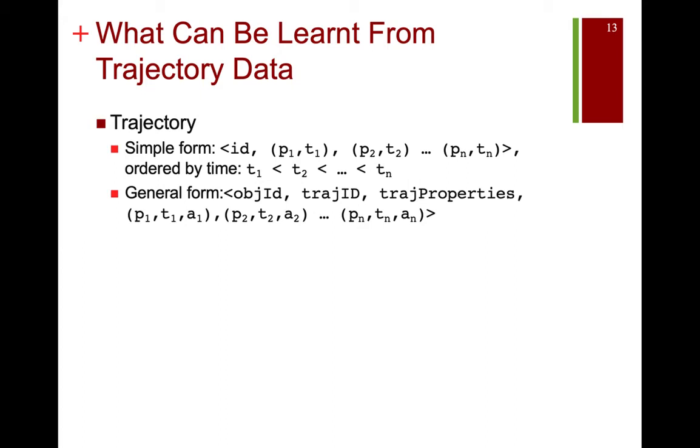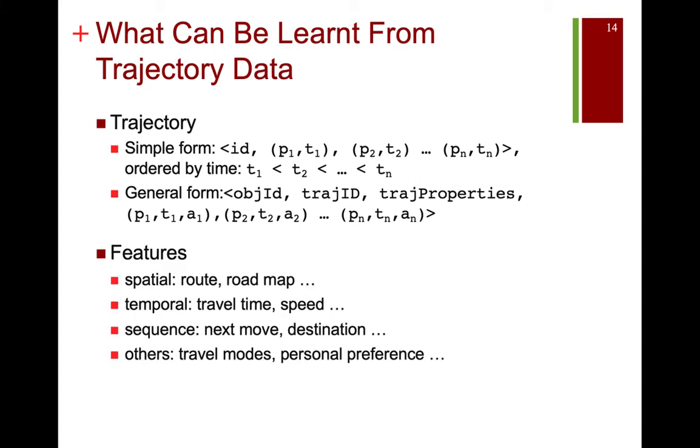So then, what kind of information can we learn from the trajectory data, or we say attributes? Generally, the trajectory data contain spatial, temporal, and sequence information. From the spatial point of view, we can get the route that one trajectory traverses, and can also infer the underlying road map from a large scale of trajectories running on the roads.